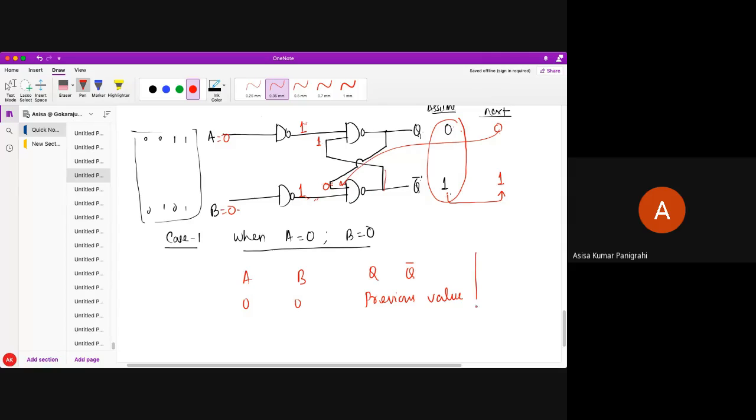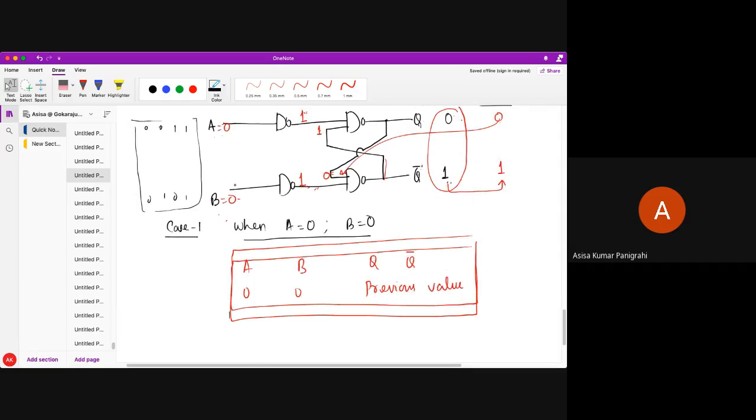Do you all understand, students? This is the takeaway point of case one. If I give input 0 0 to A and B, whatever my previous value may be, that is going to be retained for the next state. That is the takeaway point. Now we'll go for the next case, case 2.